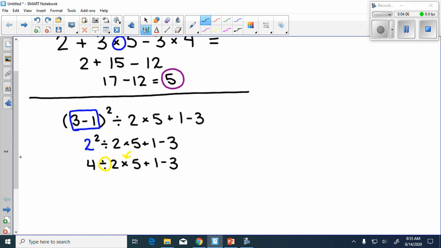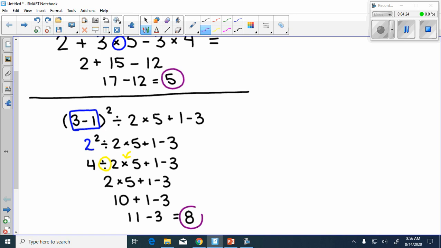And so we'll say 4 divided by 2 is 2. 2 times 5 is 10. And then lastly, we will add and subtract from left to right and find out that the answer to this order of operations problem is 8.